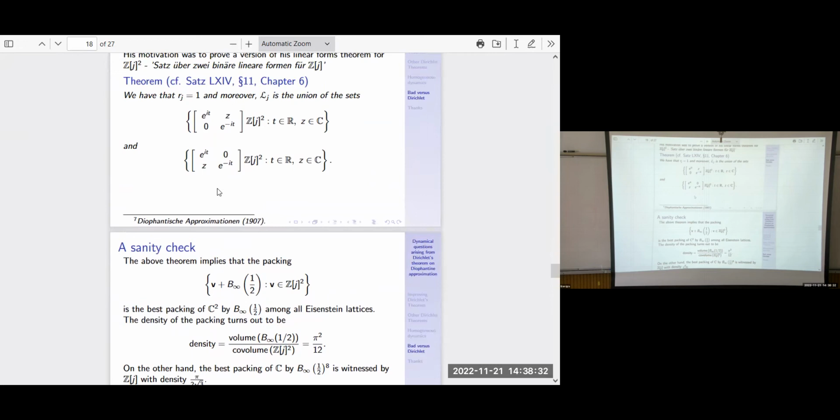Written when? 1907. I think that was before Geometrie der Zahlen, or I don't know, so maybe around the same time. Did you get inspired by it? I was looking for something else and then I saw this. I got lucky. Oh no, I use Google Translate a lot. I don't know German.